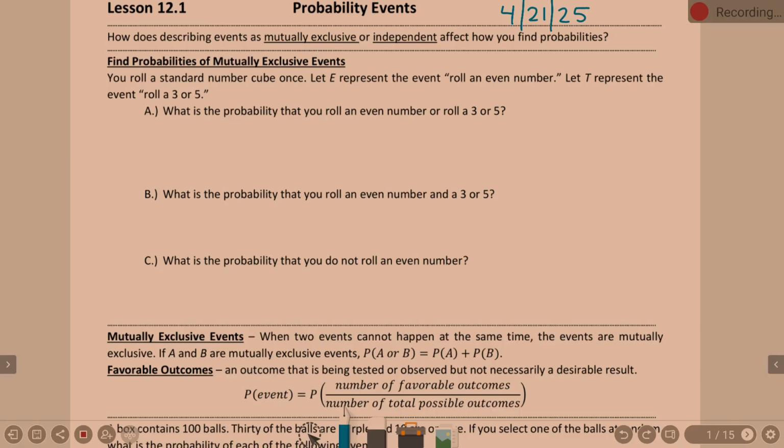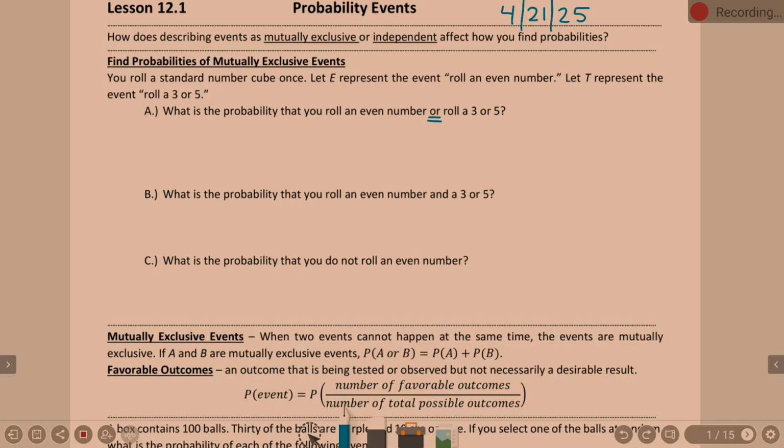We'll talk about what that means at the end, but you roll a standard number cube once. Let E represent the event that you roll an even number. Let T represent the event that you roll a 3 or a 5. A. What is the probability that you roll an even number or roll a 3 or a 5? Note, there's the word or in there, yes?